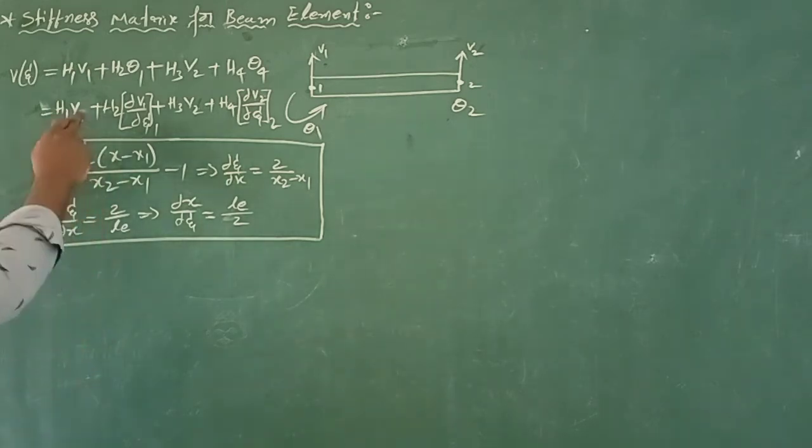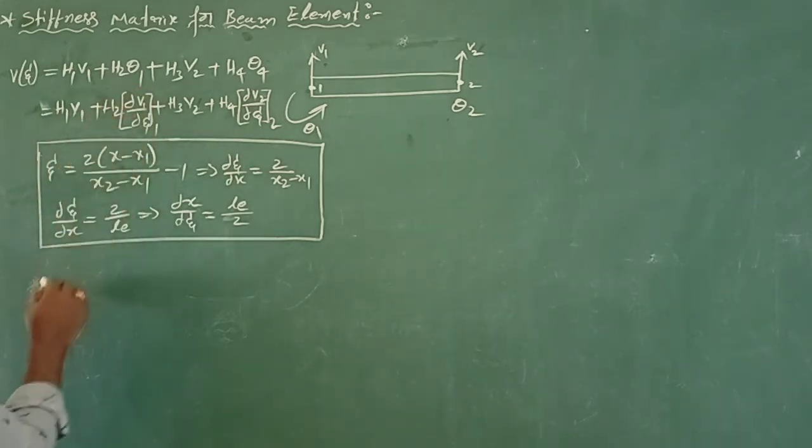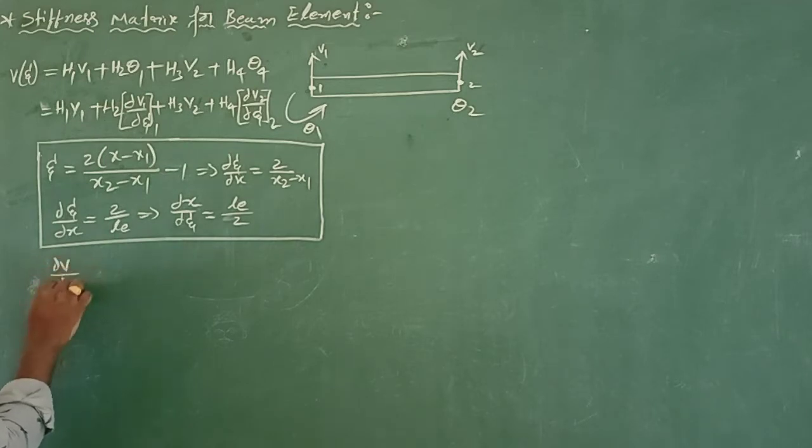Okay, so please write here dou v by dou j.